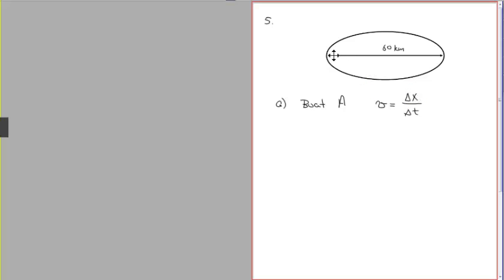So we're going to look at 2 separate parts. We're going to look at the change from here to here, and then as we go back the other direction. And really what we're looking at is speed, as we'll see why that is true later. Speed is just the magnitude of the velocity.